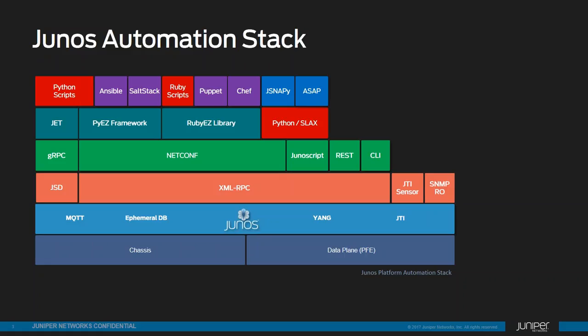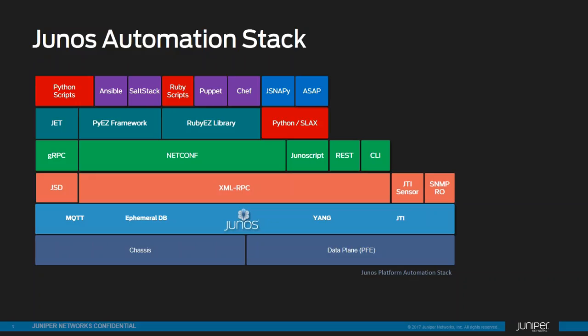The most requested enhancement for Junos when it first came out was to put a CLI on it so that network engineers could actually log into the device and do something with it. So you'll notice on the right hand side that the CLI actually sits on top of that API, and the CLI really is only about 200 lines of code.